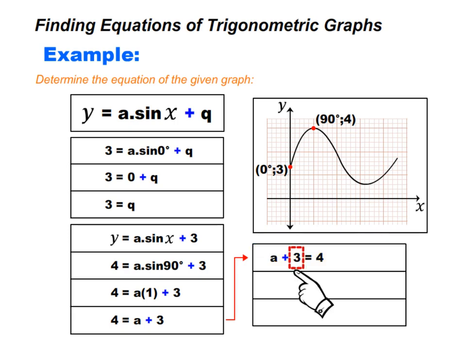This 3 will become negative 3 if we take it to the right hand side. So far we have a is equal to 4 minus 3. 4 subtract 3 is equal to 1. So a is equal to 1.